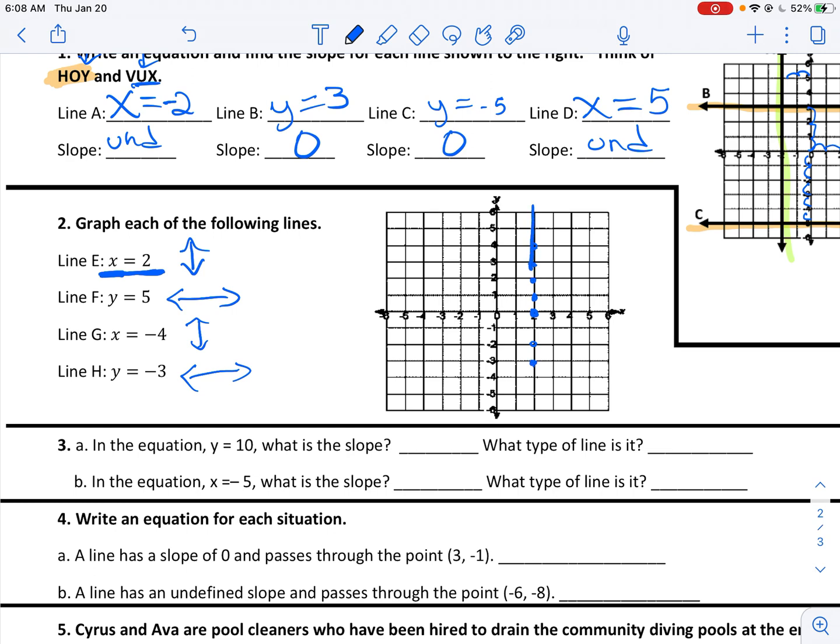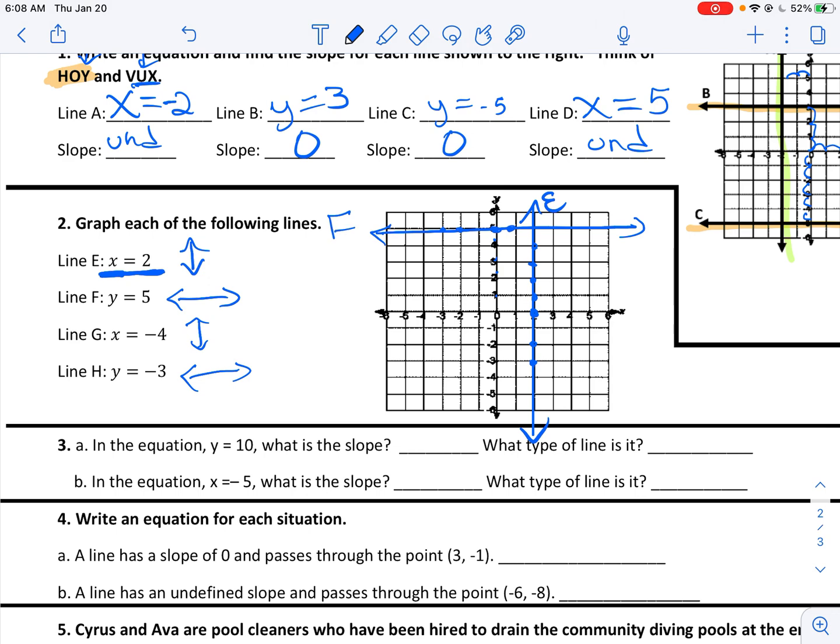So I'm going to draw a vertical line right here and call it E. Then y equals 5, so when I go to 5 on the y-axis, I could put a bunch of points here, and this is F.